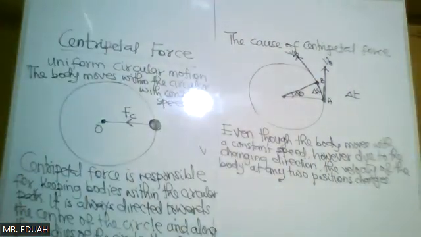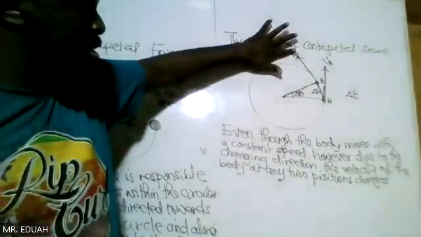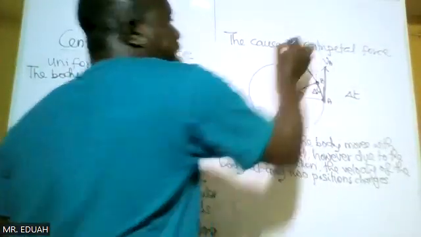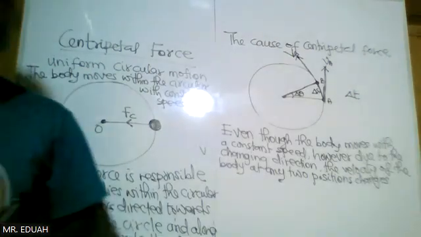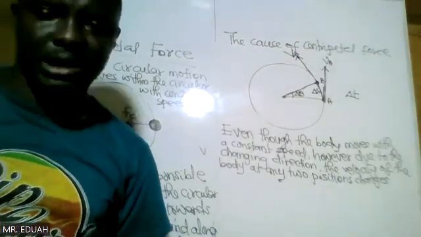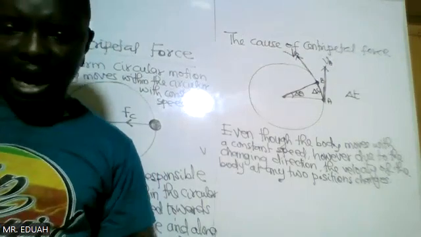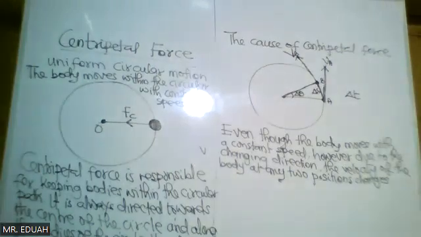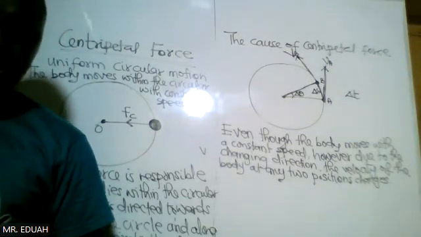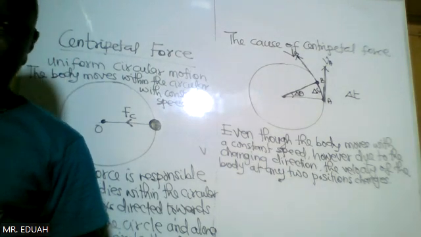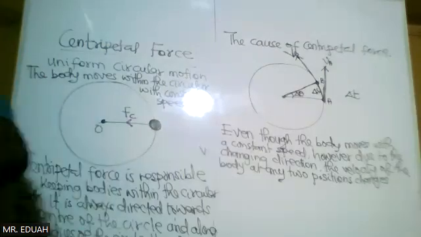So even though the body is moving with a constant speed, however, due to the changing direction, its velocity at any two points would also change. Are you okay? Are we okay with this point? A very important point under centripetal force. Okay.